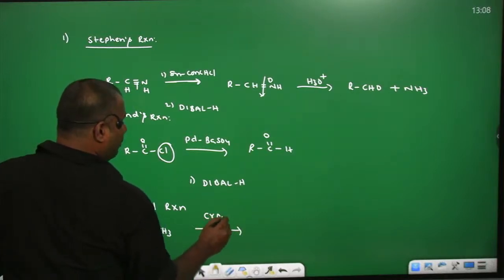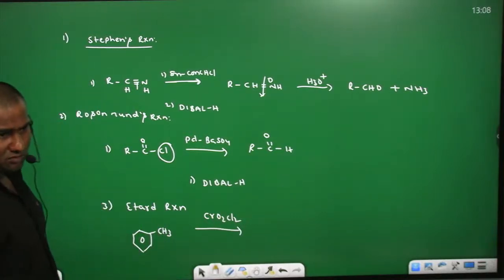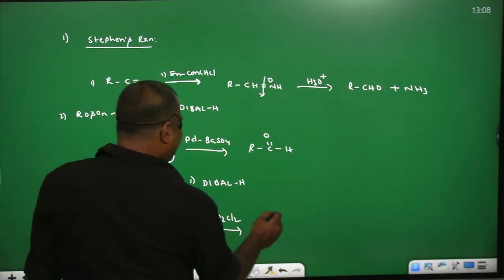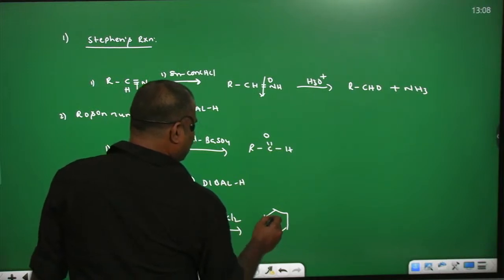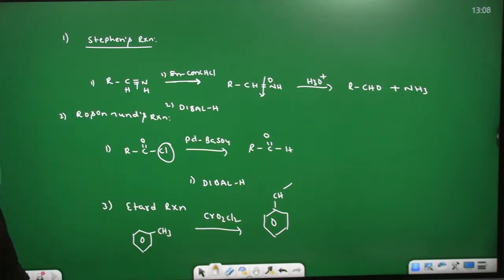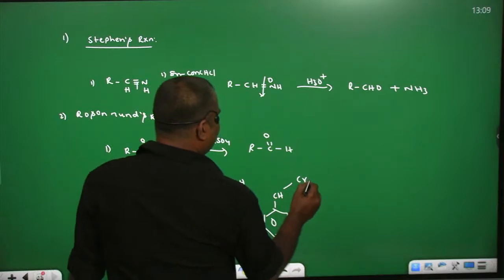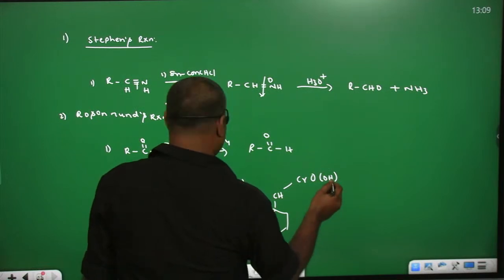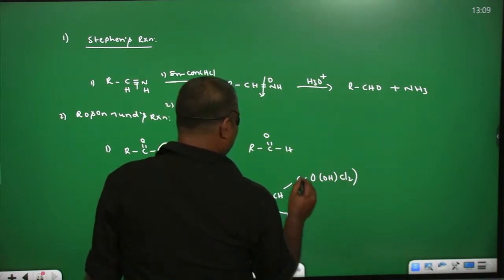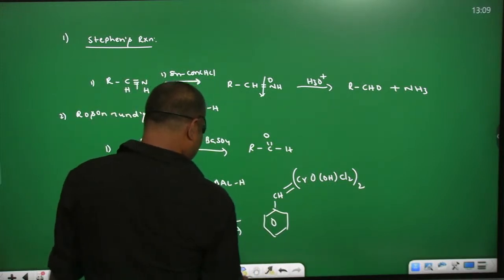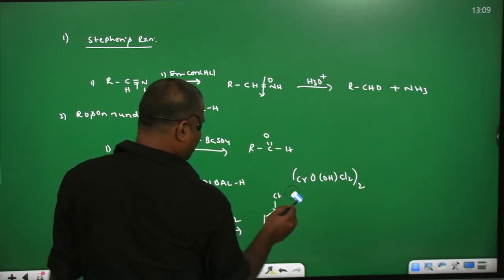Chromyl chloride means CrO2Cl2. Then he asks what intermediate is formed. Look, this is CrO, OH, Cl2 twice. CrOH, Cl2 twice forms like this.